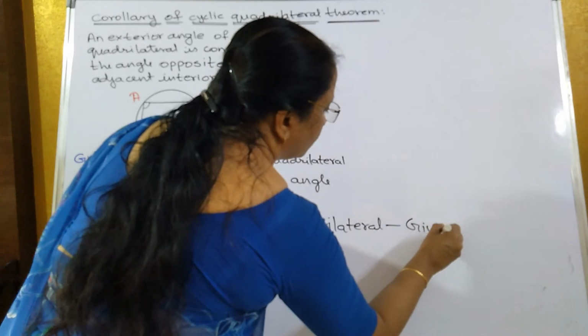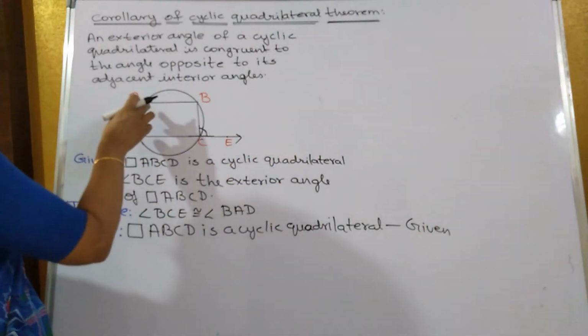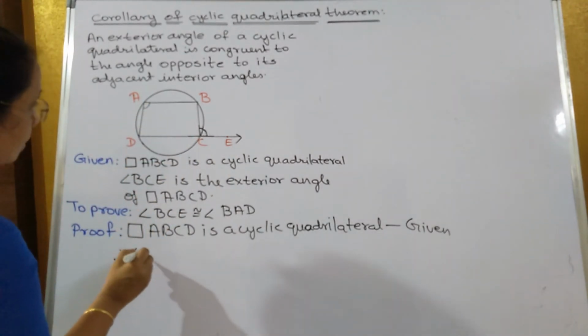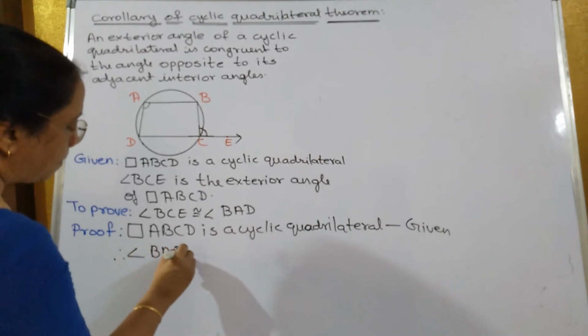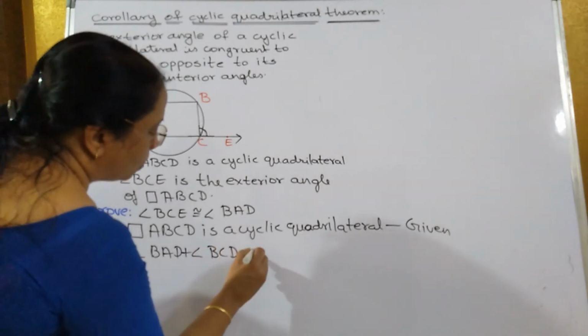Therefore, we had studied in the previous theorem that in a cyclic quadrilateral the opposite angles are supplementary. Therefore, angle BAD plus angle BCD is equal to 180 degree.